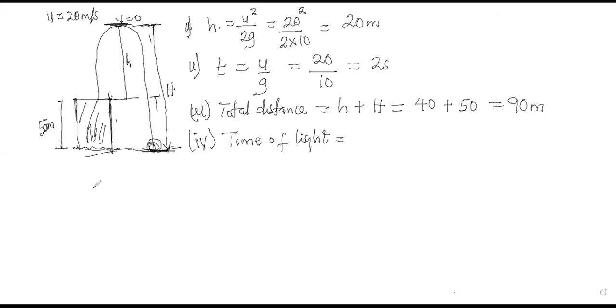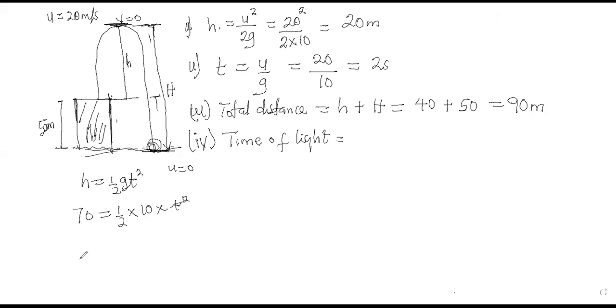So using h is equal to half gt squared. Because u is 0, ut will be 0. That's why we have this. H is 20 plus 50, so this is 70, equal to half times 10 times t squared.